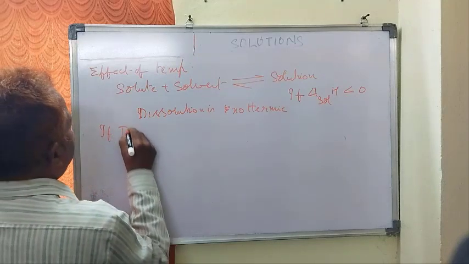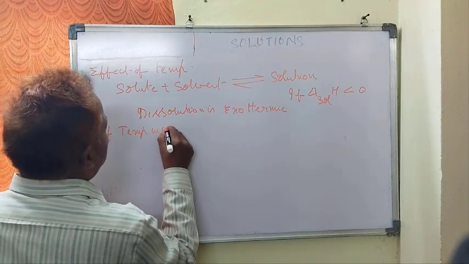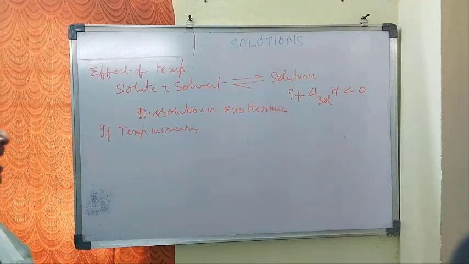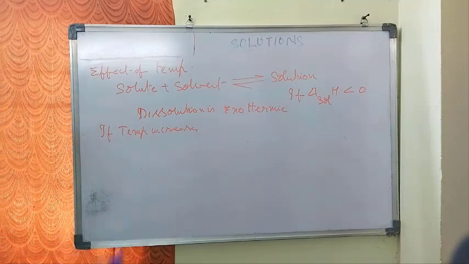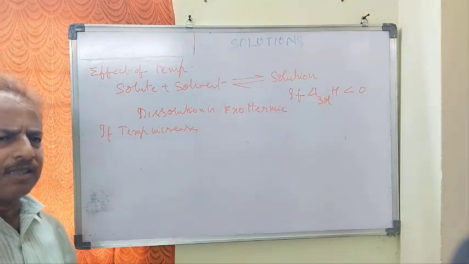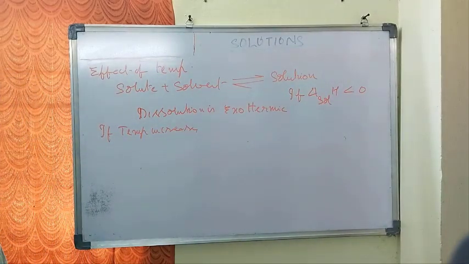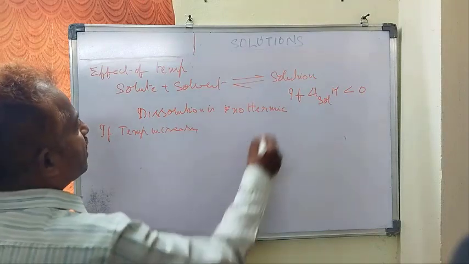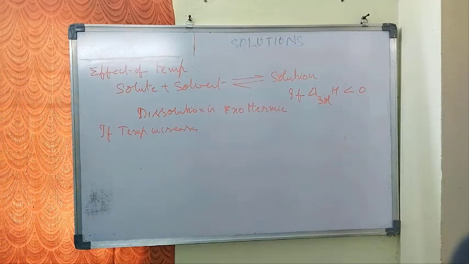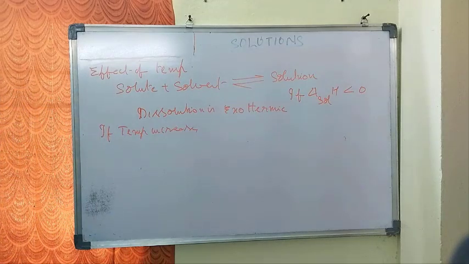If factors like pressure, temperature, etc. increase on an equilibrium, then Le-Chatelier principle says that the equilibrium shifts in such a direction where the effect is nullified or compensated. So if the temperature increases, since it is an exothermic reaction, the backward reaction is favored, that is, dissolution becomes less.